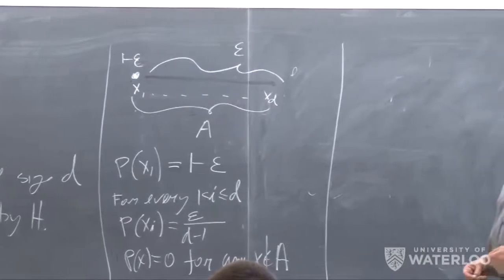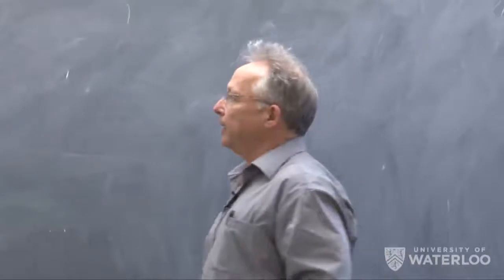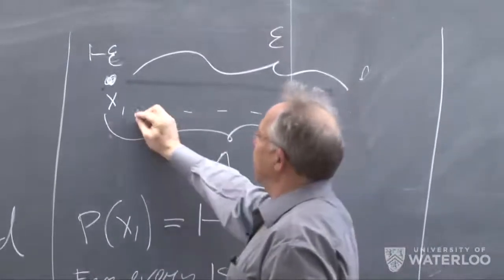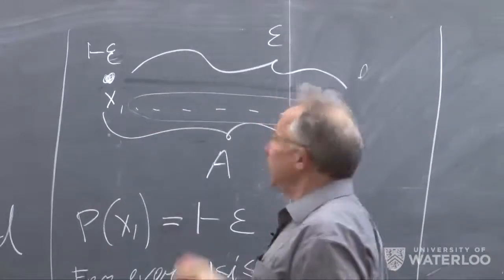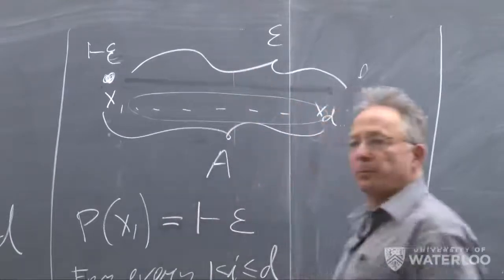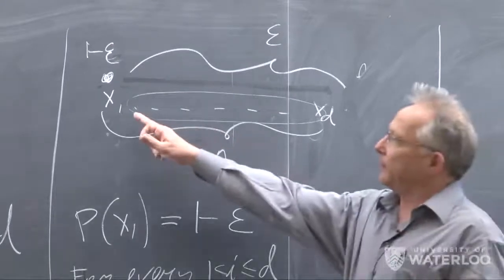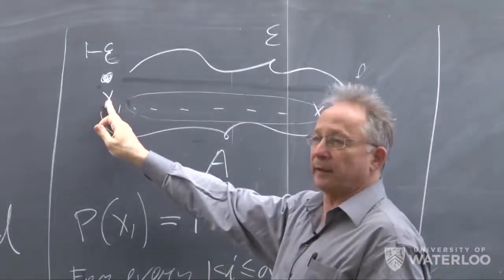Now we can use what we already know from the no free lunch theorem. I know from the no free lunch theorem that I have to see at least half of these points in order to be able to predict the rest with accuracy a quarter. So I can just apply the no free lunch theorem to what is happening here. I will ignore the points that are hitting x1. They are not informative.